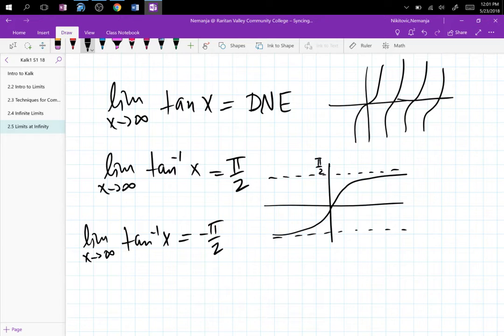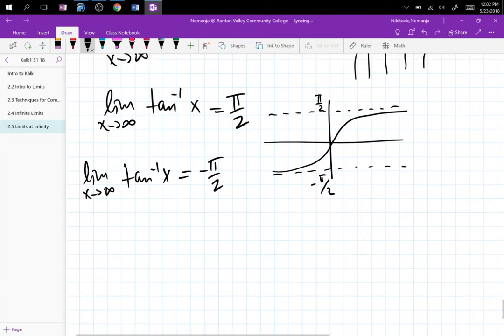You can also blame this on it being an odd function. So you have negative pi over 2 horizontal asymptote. And this is the problem that has 2 horizontal asymptotes, and the function is stuck in between them. So that would be that.